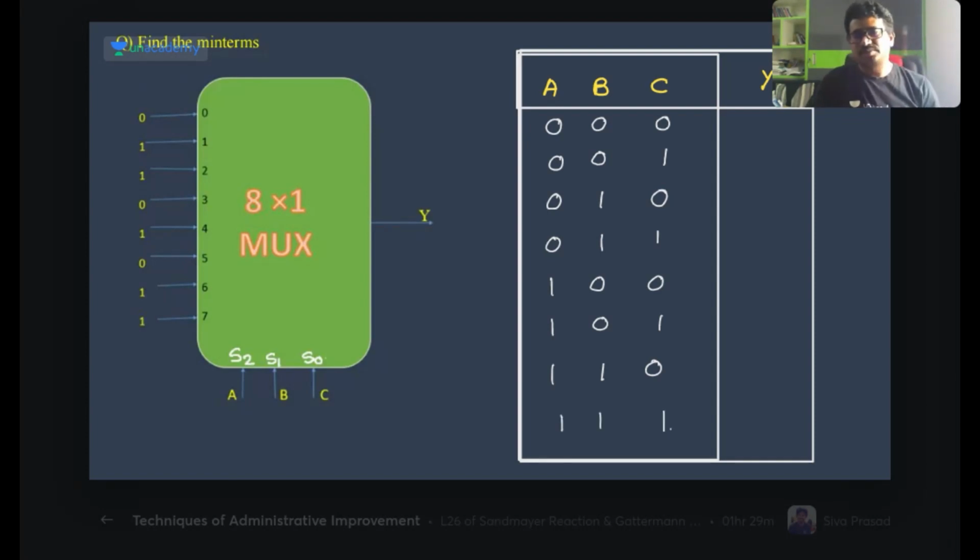If all are 0, 0, 0, then which will go? The decimal equivalent of 0 is 0. So for 0, 0 is connected here. So output equals 0.